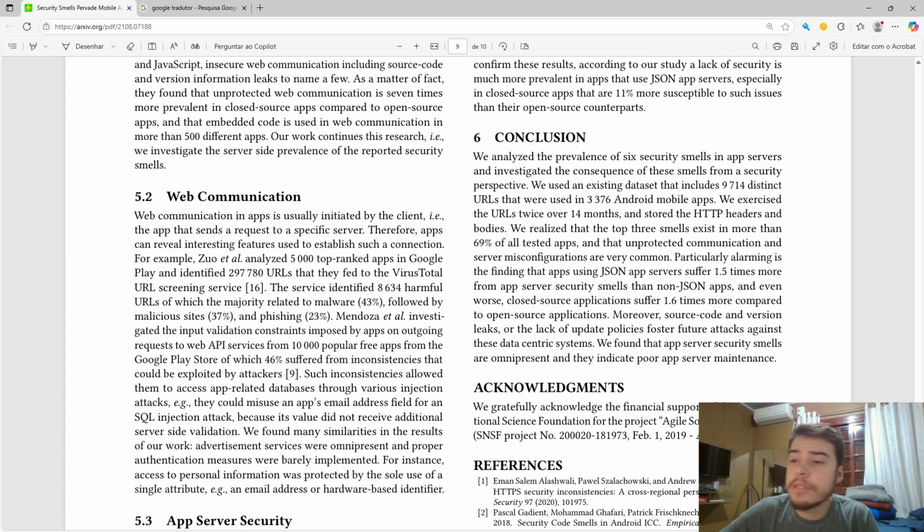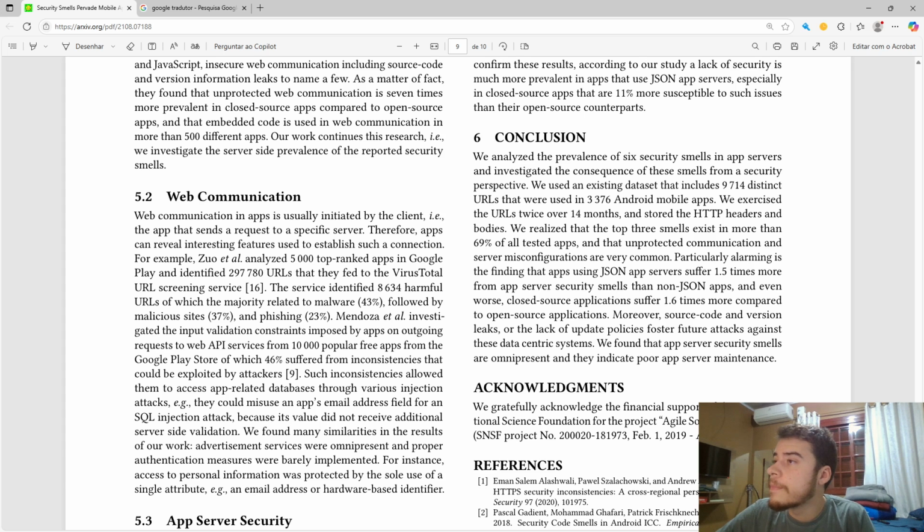So we'll see the conclusion. They analyzed the prevalence of 6 security smells in the app servers, and they investigated the consequences of these smells from a security perspective. They included 90,714 distinct URLs that were used by 3,376 Android apps.